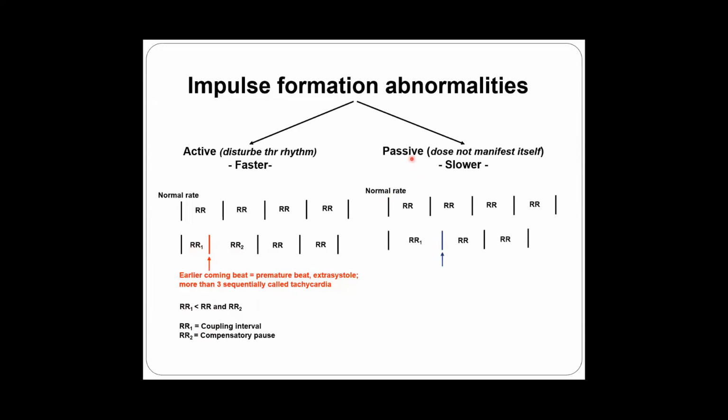A later coming beat, as you see in blue, when the R1 interval is longer than the RR interval, is called an escape beat. If you have at least 3 or more later coming beats taking over the impulse, that's called an escape rhythm.